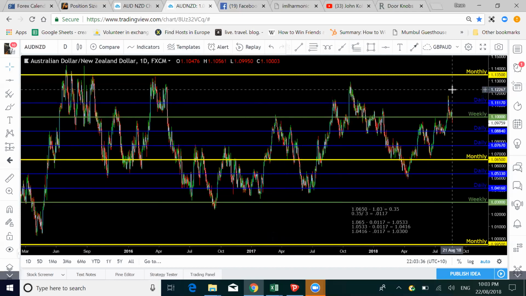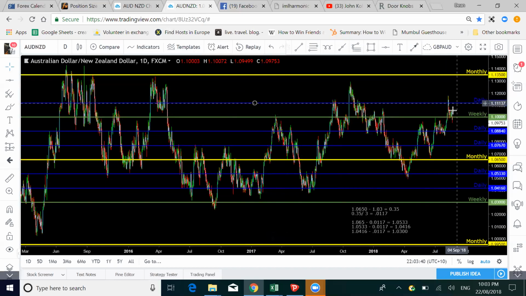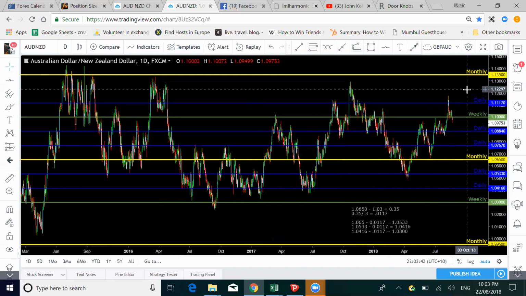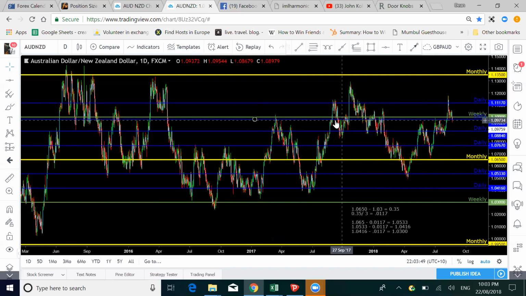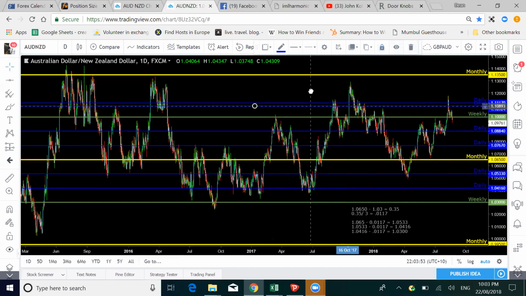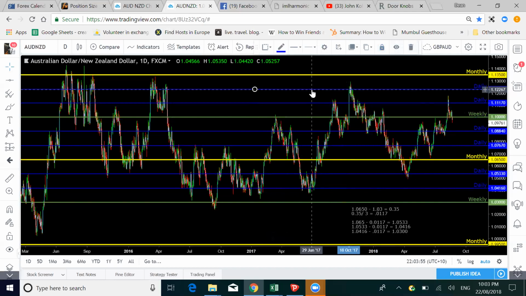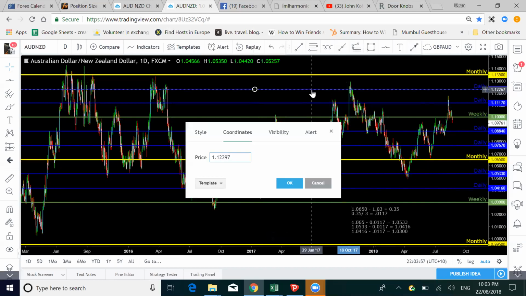Oh, and we'll probably need to do one more just to finish off between those, because obviously we're going to be heading up in this direction, so we're going to need this particular daily one drawn up, 0.0117, somewhere up around here. 1.1234.